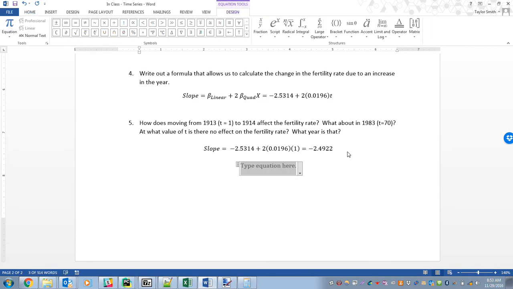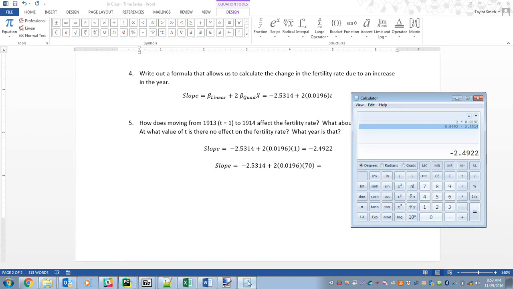Okay, so now let's move to the next question, which is, what about at t equals 70? So we'll come here and we will do slope. Spell slope correctly. Negative 2.5314 plus 2 times 0.0196 times 70. Okay, and that's going to be equal to, let's come over here and do that.